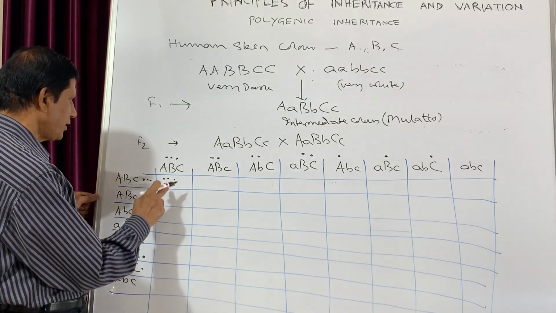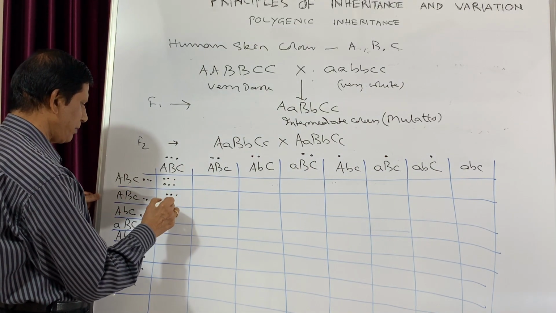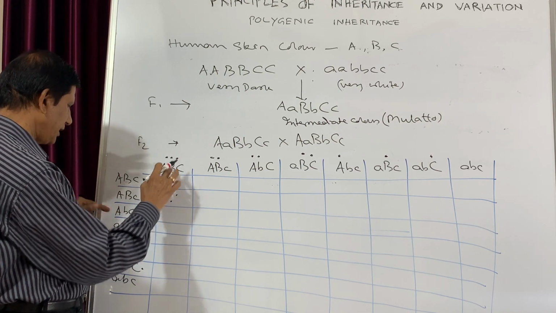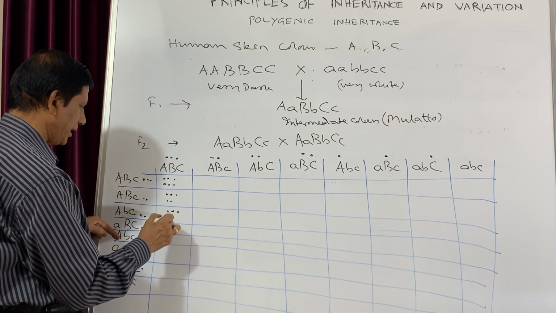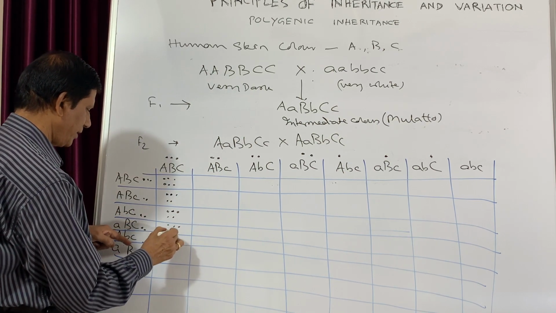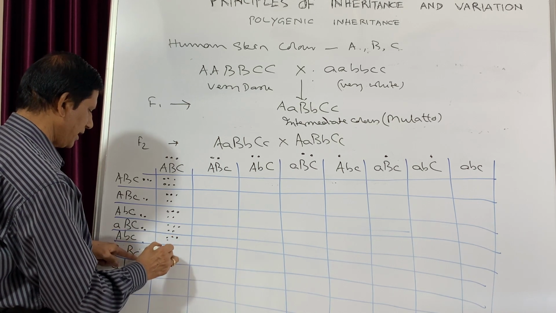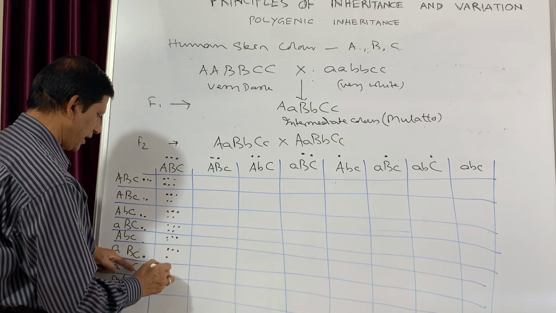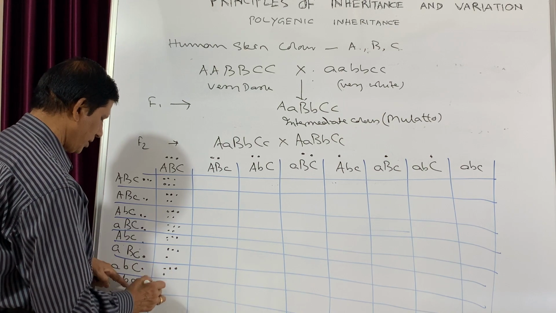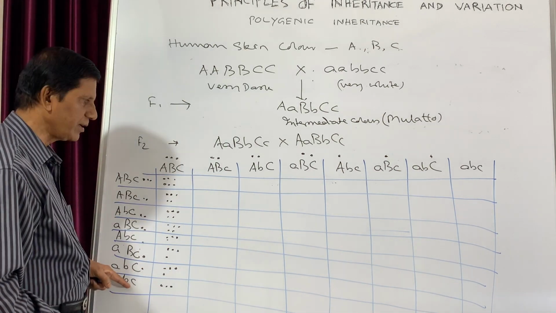If we come to this, from this side 3 dominant, here 2 dominant. That means 5 dominant genes. Here 3, here 2, again 5. Here 3, here 2, again 5. Here 3, here 1, so only 4. Here also 4. Here also 4. And here only these 3 are there, because this side are not there.